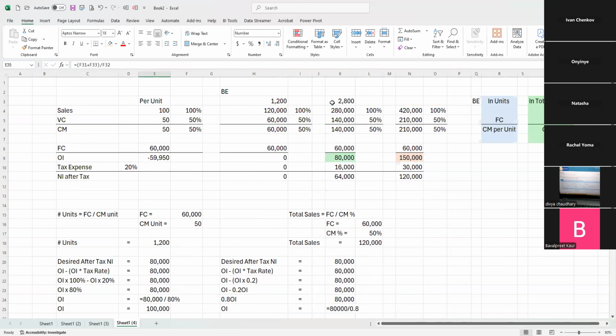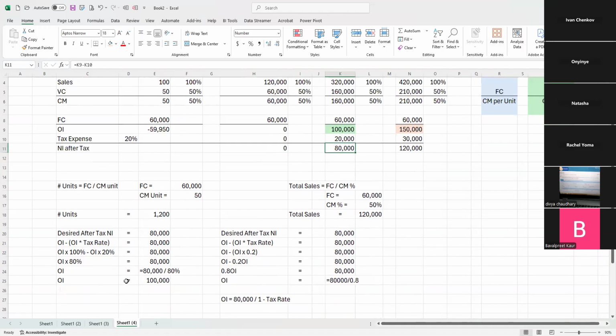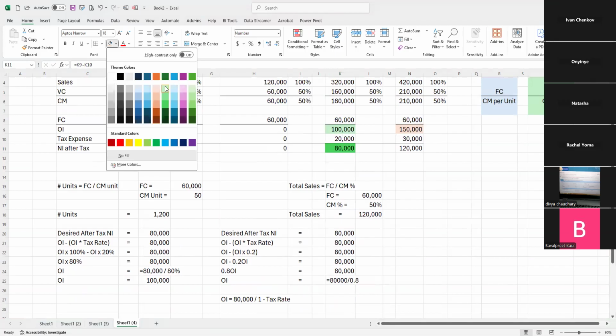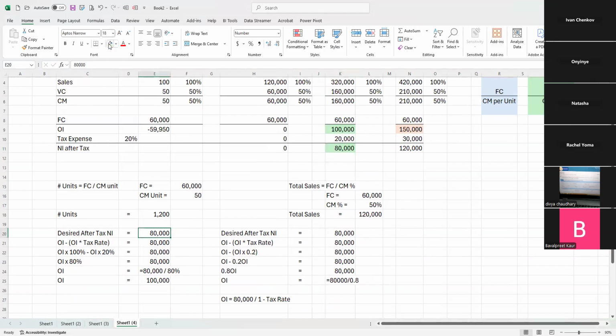So I need to sell 3,300 units. And when I sell 3,300 units, I'm going to get operating income of $100,000, which after deducting my taxes gives me the 80,000 that I wanted in the first place. This is slightly, I'm not going to test you on this one, but I want you to see the tax implication.